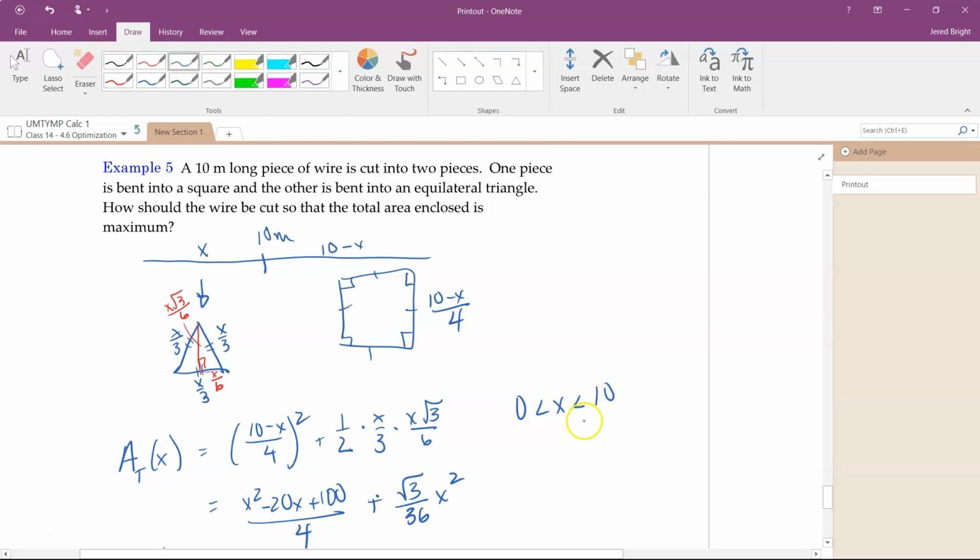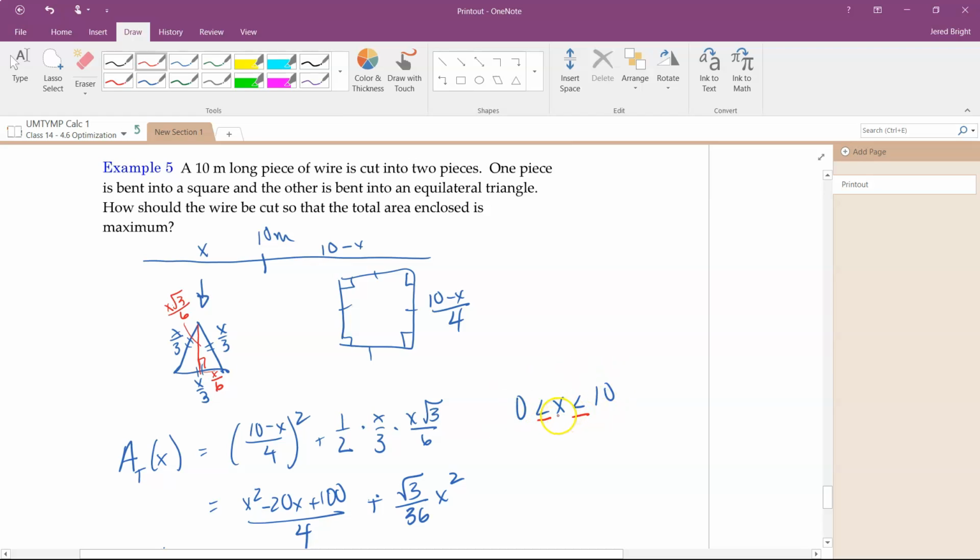There aren't endpoints, so even though in terms of x we don't have 0 and 10, technically, physically, we can allow x to be equal to it.